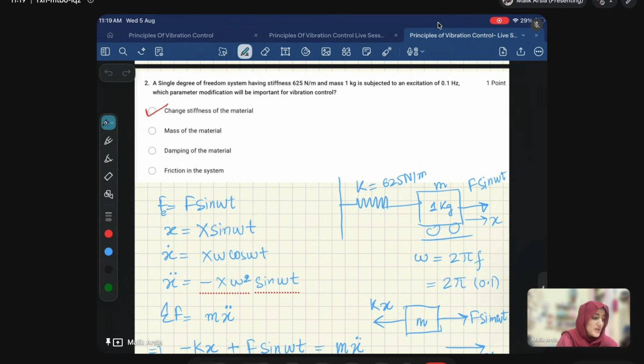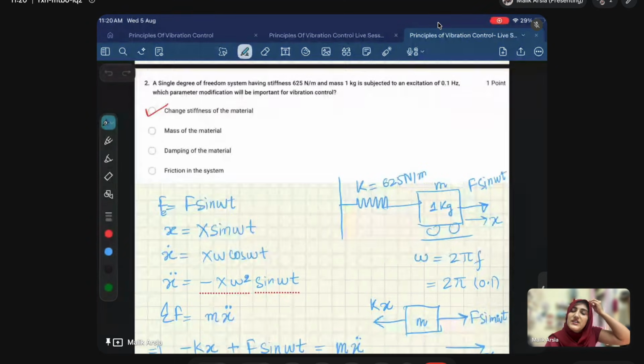Before we jump into this, you have already seen in the lectures that there are different regimes where different system parameters are important for vibration control. The complete derivation was there, so I will go through it again.